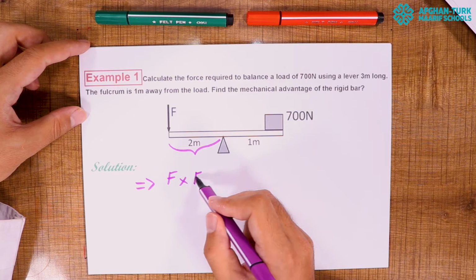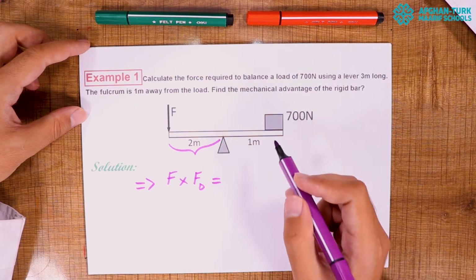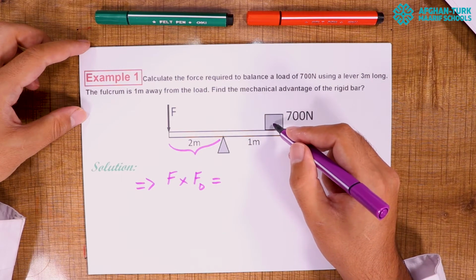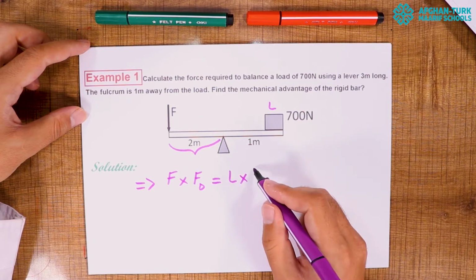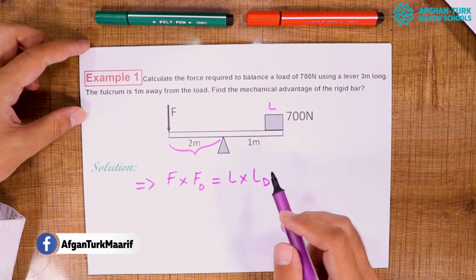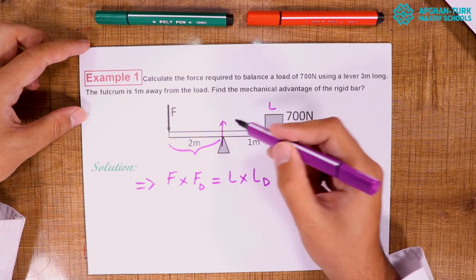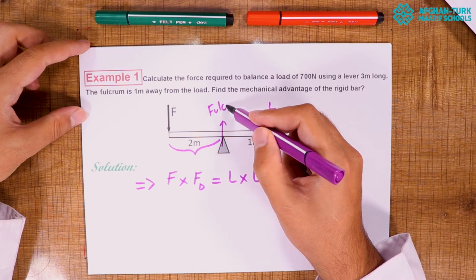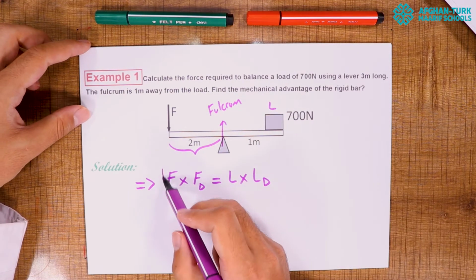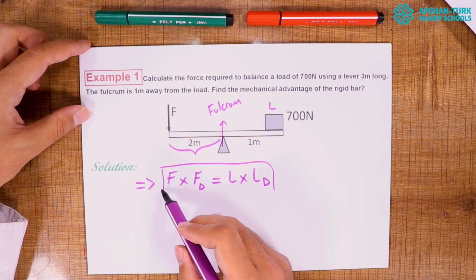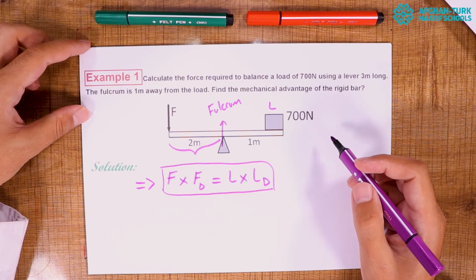Force times force distance is equal to load times load distance, the distance from load to the fulcrum. The fulcrum is a fixed point. So this is our formula, and I'm trying to find the force here.